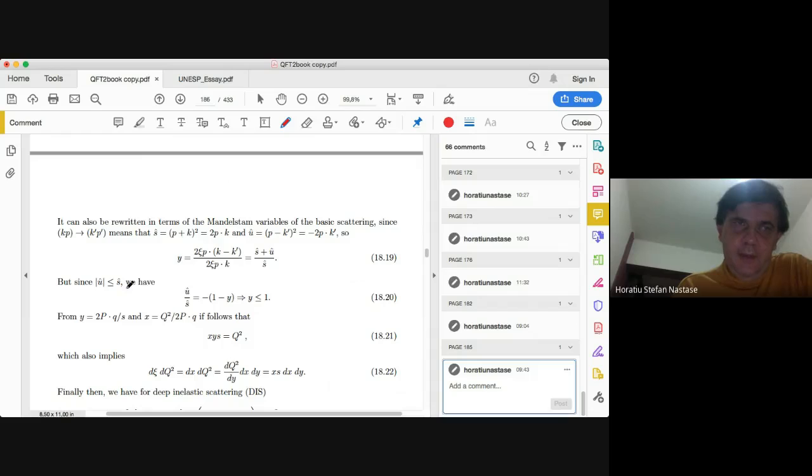Then the absolute value of u hat being less or equal than s hat means that the absolute value of 1 minus y is less than or equal to 1, which means that y is less than or equal to 1.